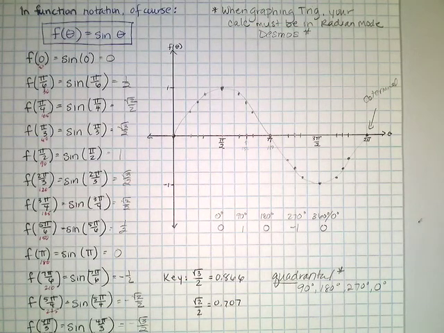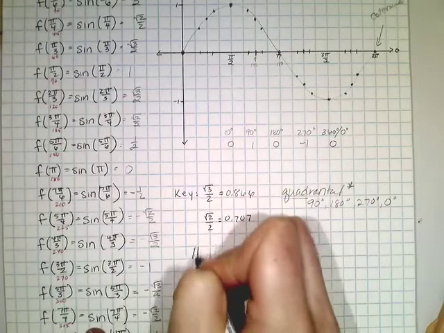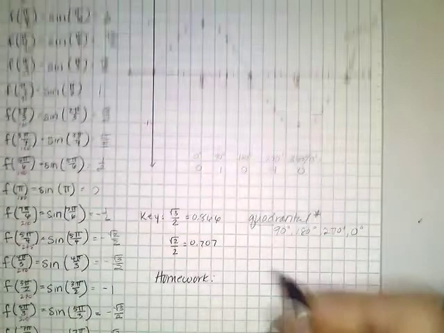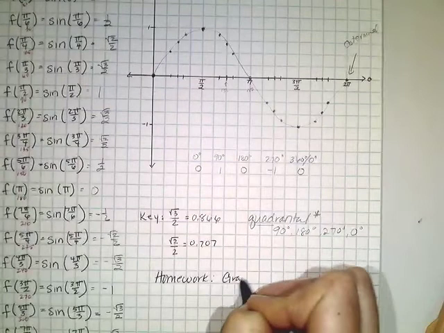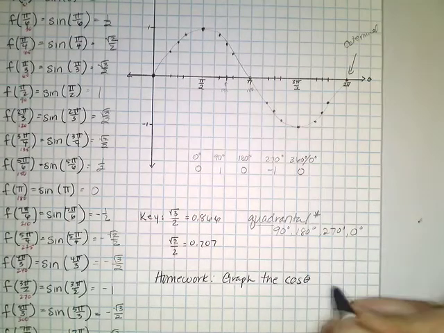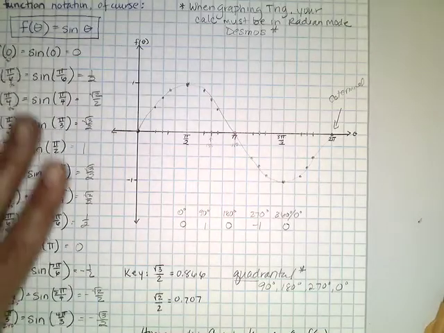Now, for your homework, it's a 2-parter, I'm sorry. I want you, for your homework, I'll write this in pen here, I want you to graph the cosine curve for me. Okay, just one graph of cosine, that's all you got to do.